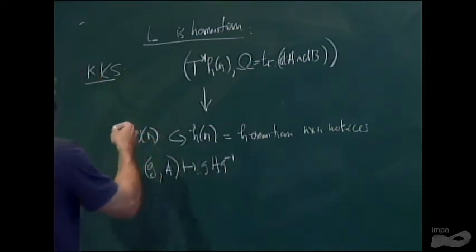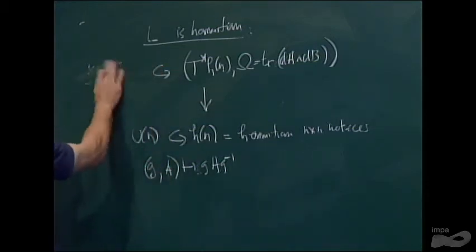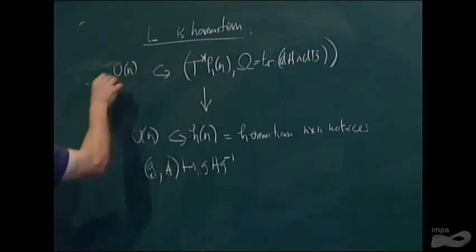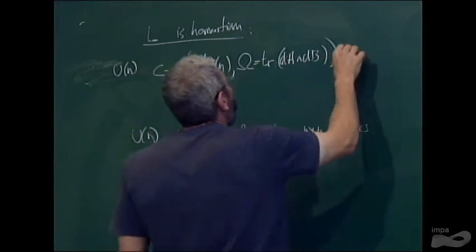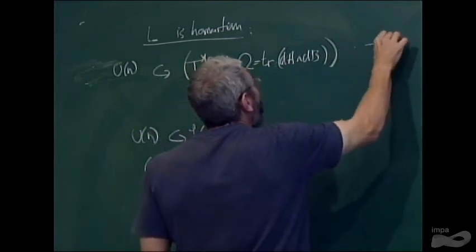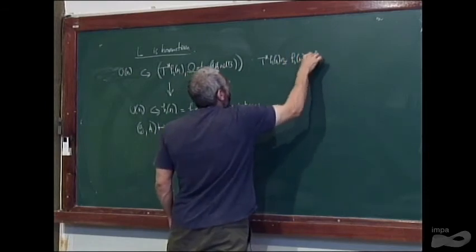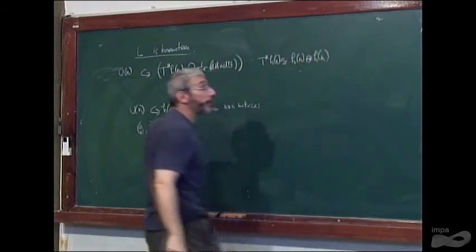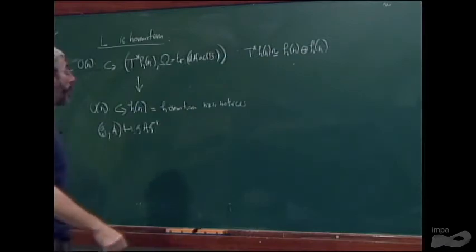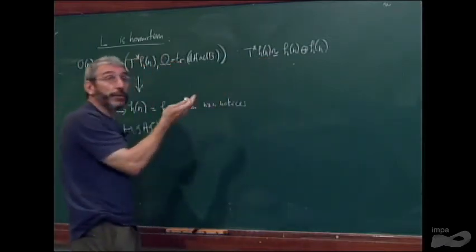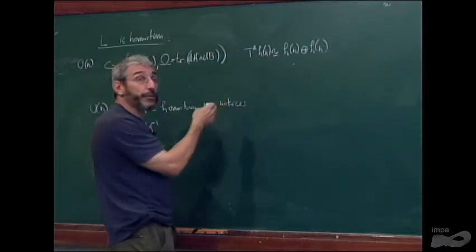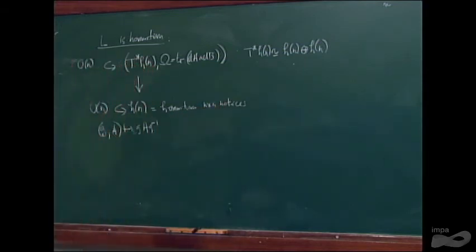They lift this action to an action here. Now here, T star Hn can be identified with two copies of Hn. Here I'm using the fact that Hn is a vector space, and then there is a trace form that lets you identify the dual.